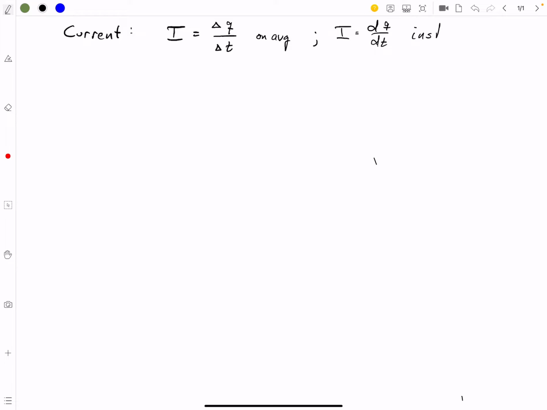This just takes us to a point in time: instantaneous. Now the units.